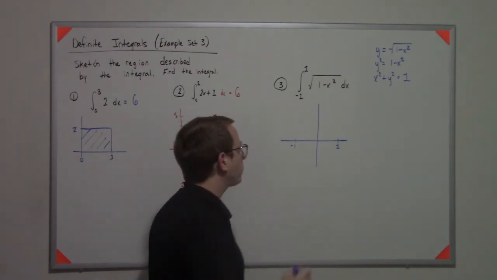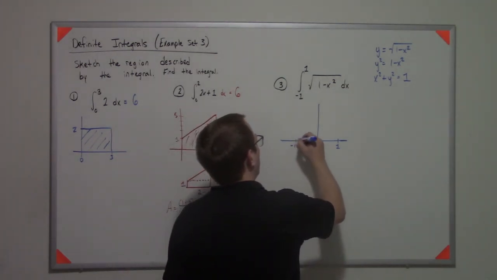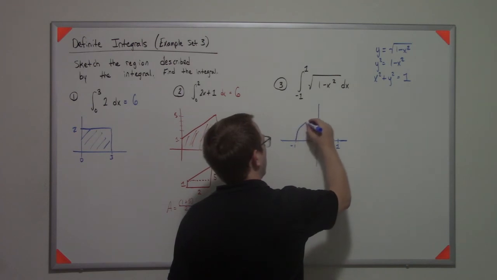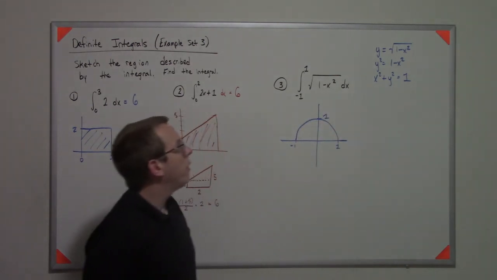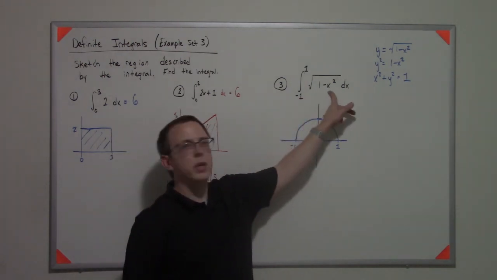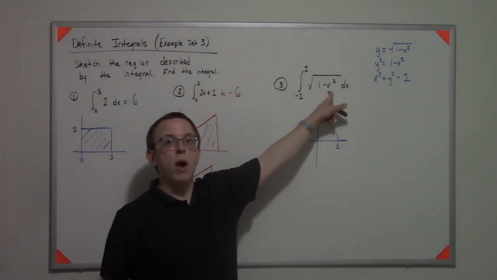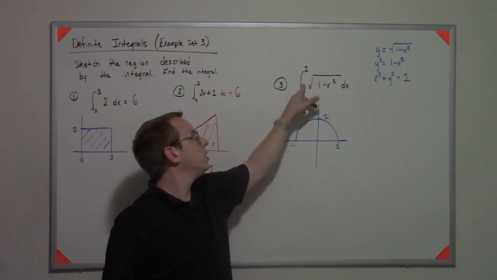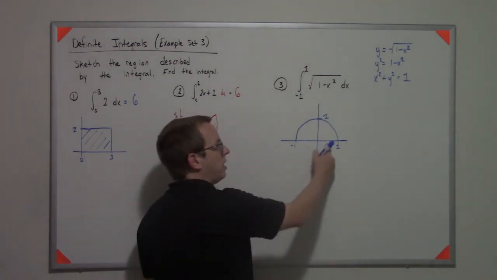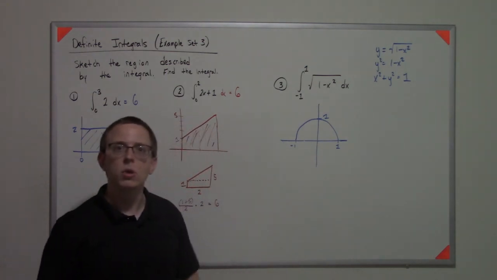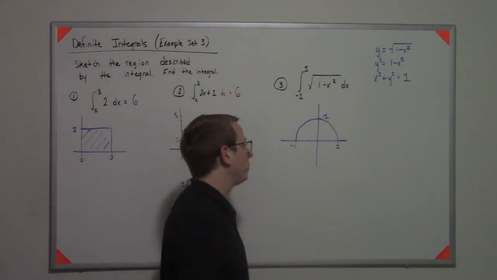However, notice that we're dealing with the case where the y value is positive because this is the positive root. So we don't actually have anything below the axis. We only have the semicircle.